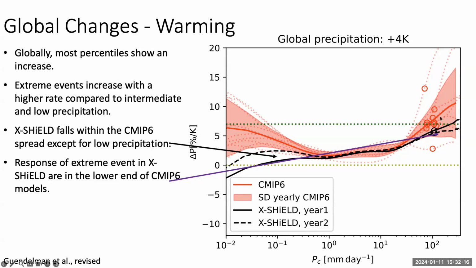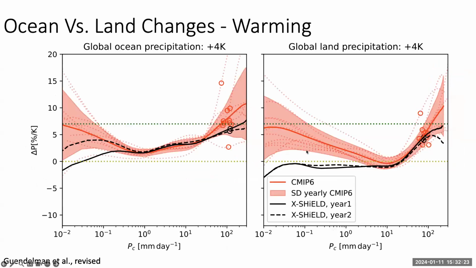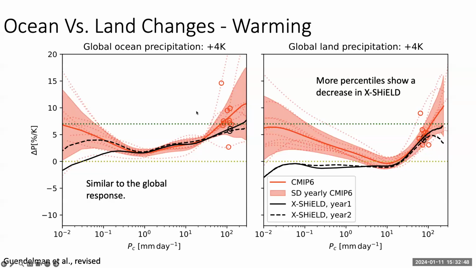Now, because these parts look interesting, we can separate and look at the ocean response and the land response separately. And we can see that we have a similar response in the ocean to the global response, which makes sense because most of the planet is ocean and the precipitation is much stronger over ocean than over land.